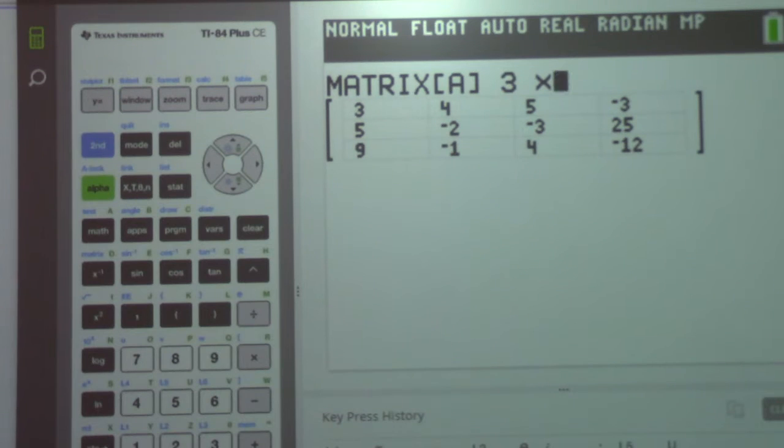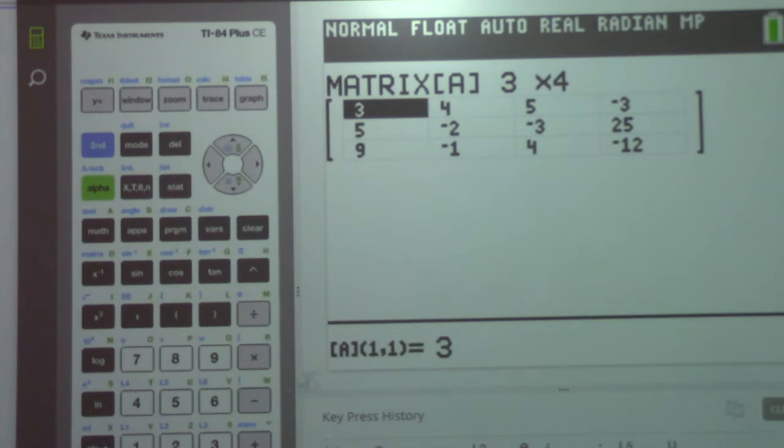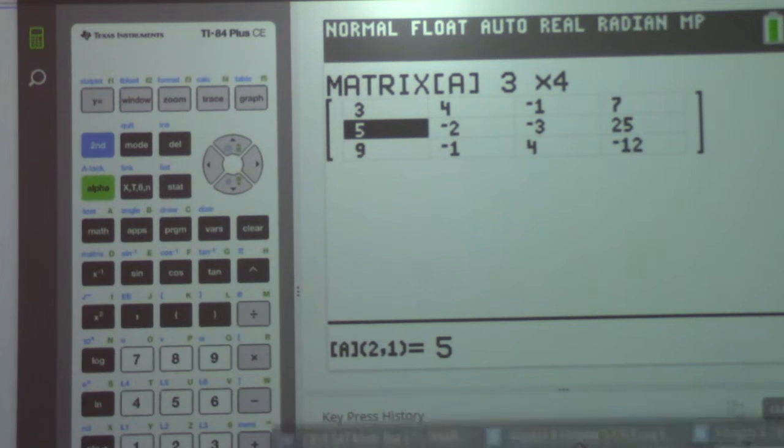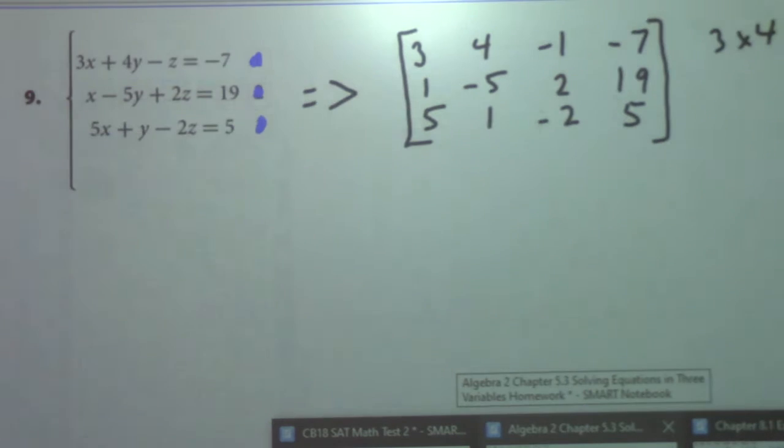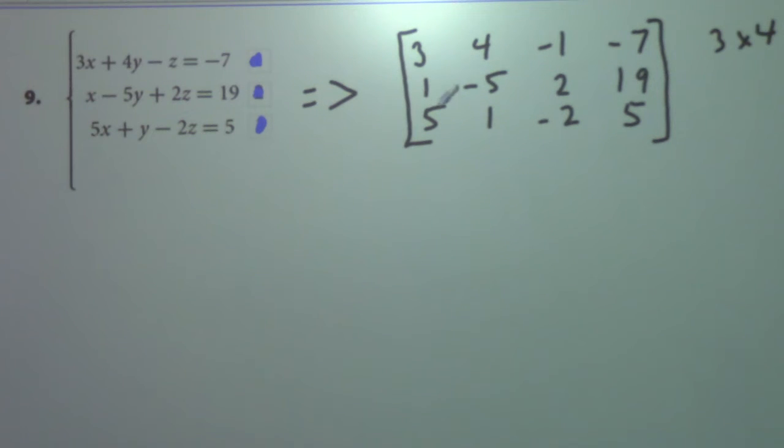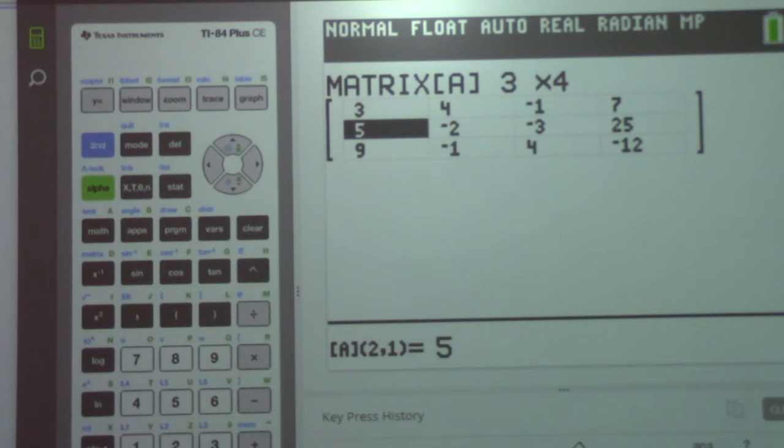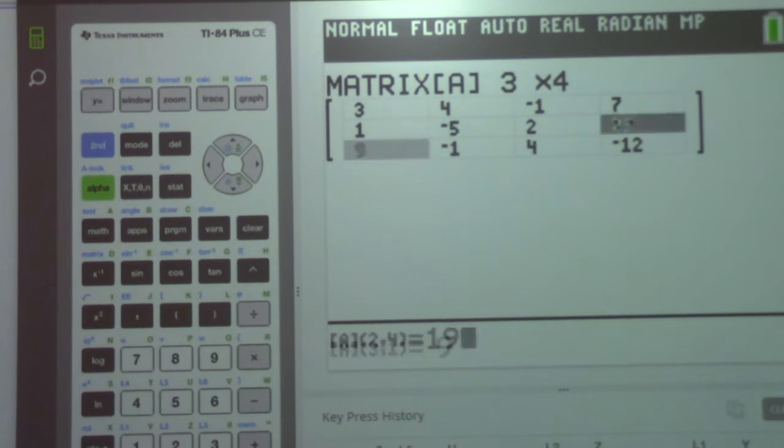So 3, 4, -1, 7. That's our first row entered, and our second row is 1, -5, 2, 19.